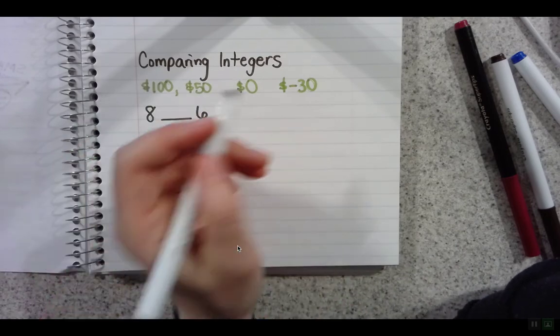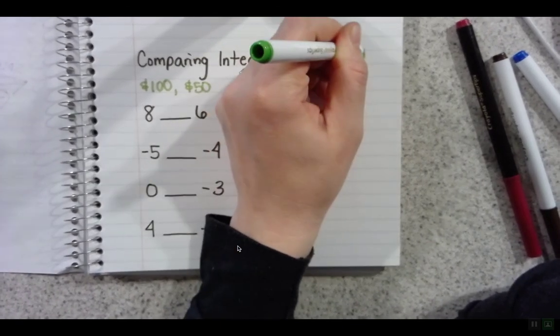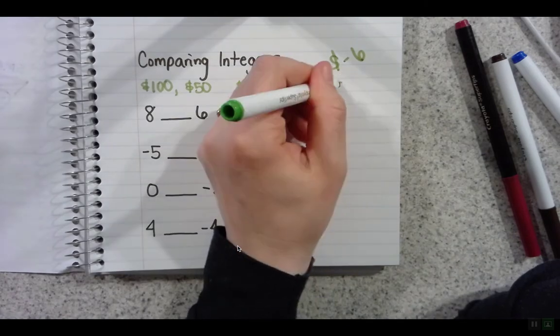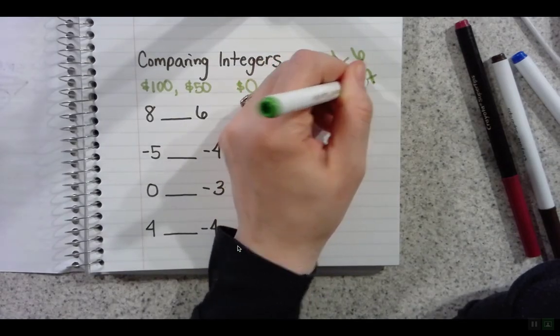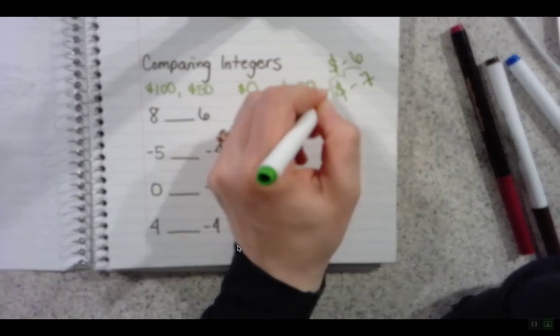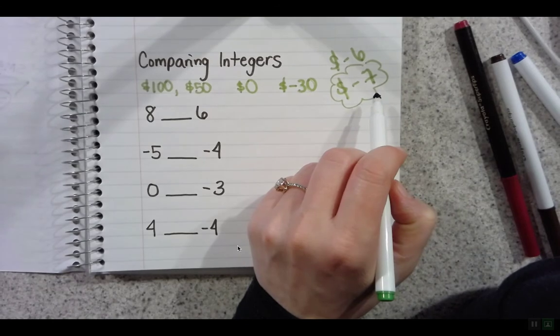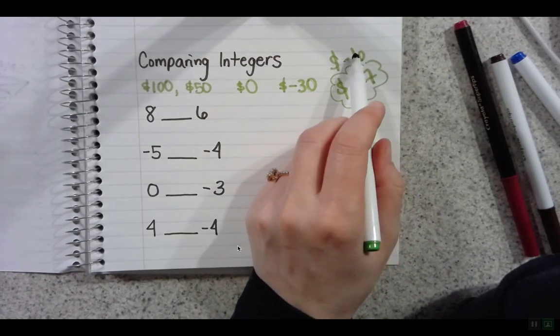What's a worst case scenario? To be $6 in debt or to be $7 in debt? This is the worst case scenario. So negative 7 would be smaller than negative 6.